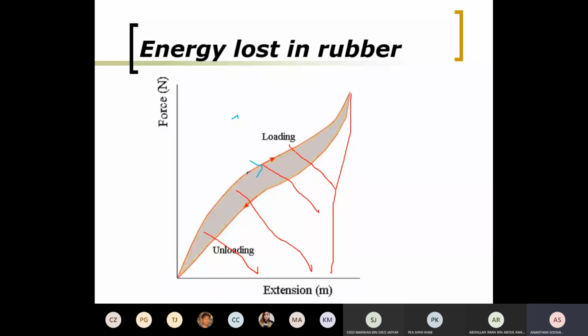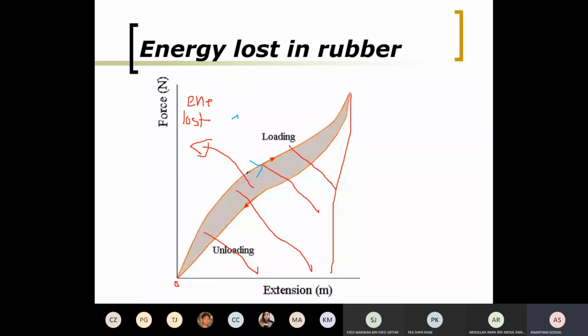When you let it go, the rubber will go back along an alternative path, but the only feature is it goes back to the original length. So this means the shaded area is trapped or lost. The shaded area is a lost energy. This is confirmed lost.